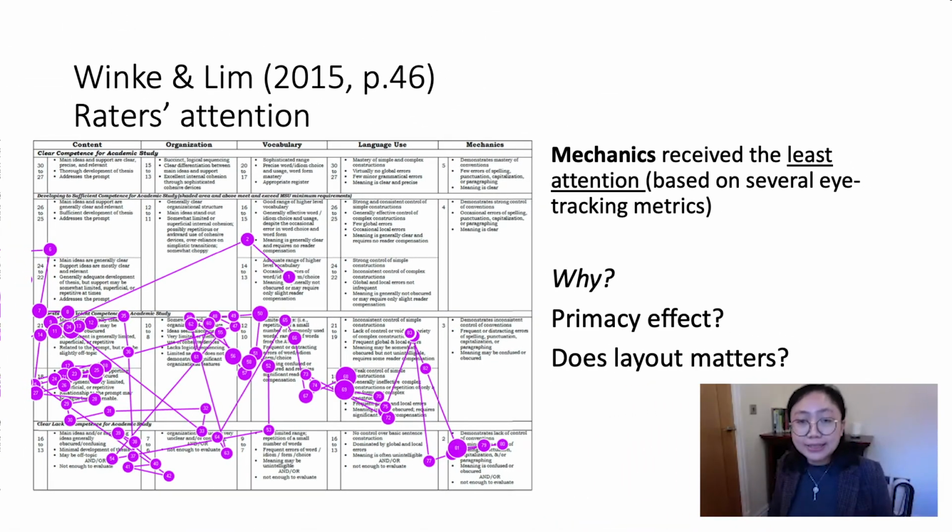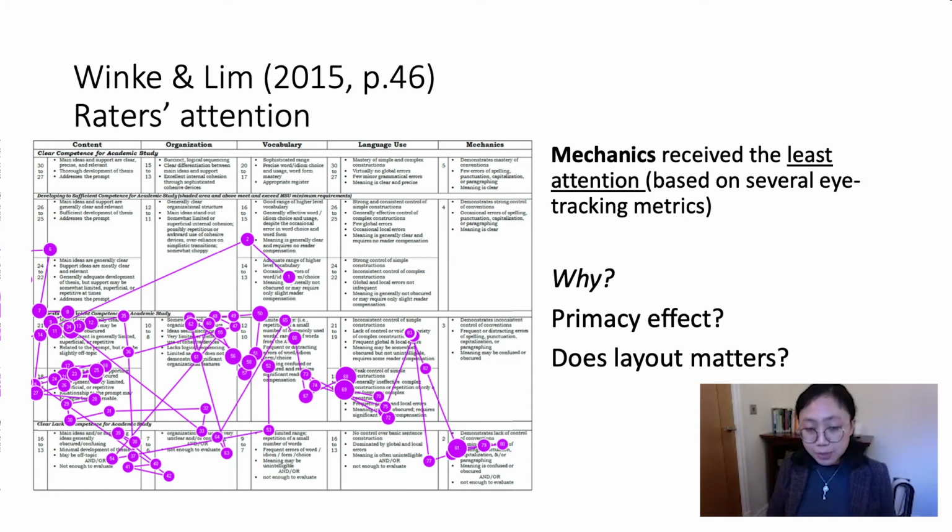So mechanics, which is the last criterion, the far right, received the least attention based on the eye tracking metrics. And why? You might wonder why mechanics received the least attention. Well, unfortunately, they didn't investigate further because they only used eye tracking, so they only got results from the eye tracking measures.